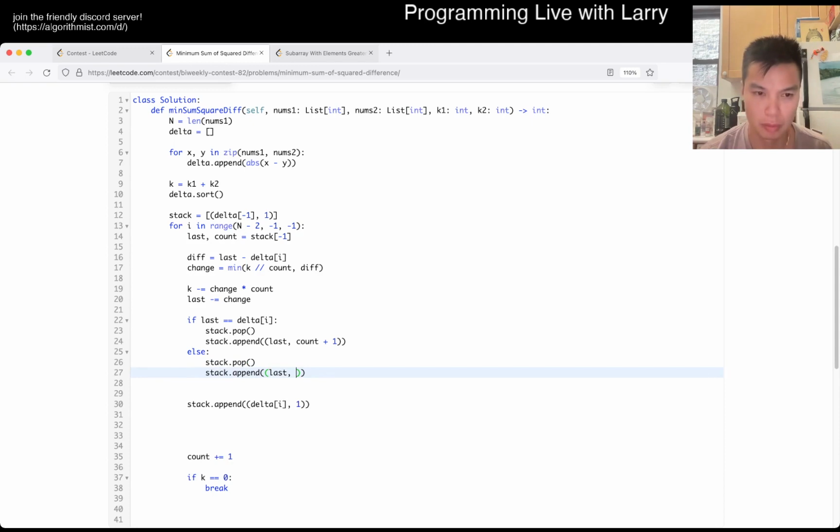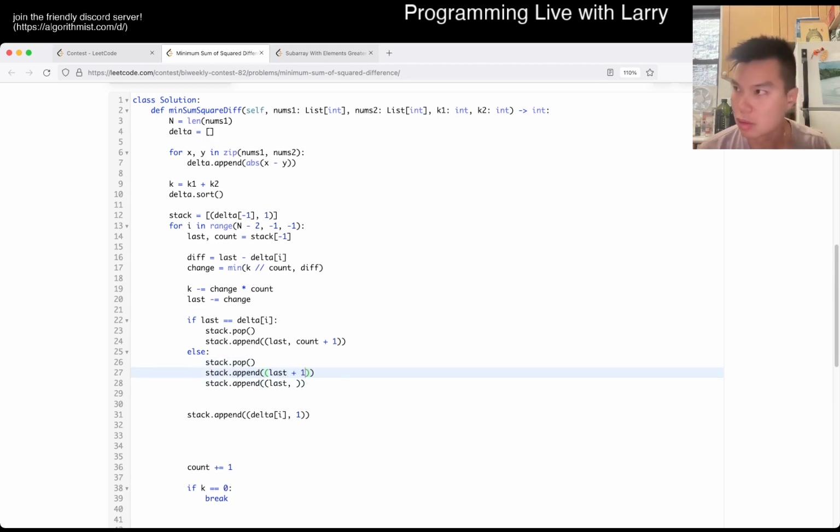And then what happens? Then it is what? Let's say the change is 20. Say there's 2 and there's 1, right? So then this is last and last plus 1. Don't know which way it should be. Well, I guess this way is fine.